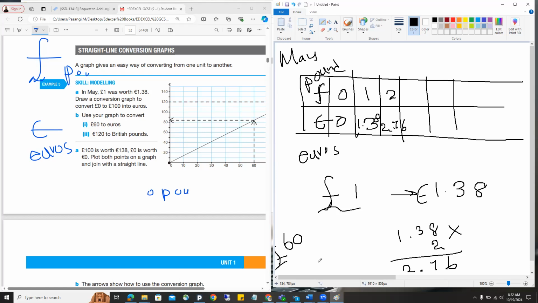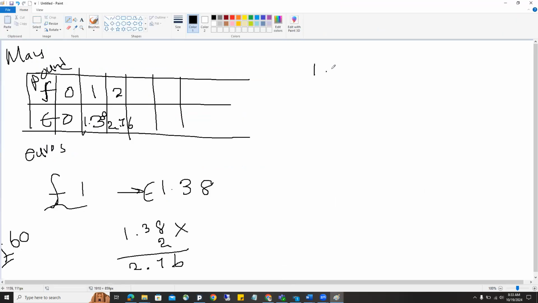We have to calculate it. What do we have to do? 1.38 times 60. Very good. So how are we going to do that?